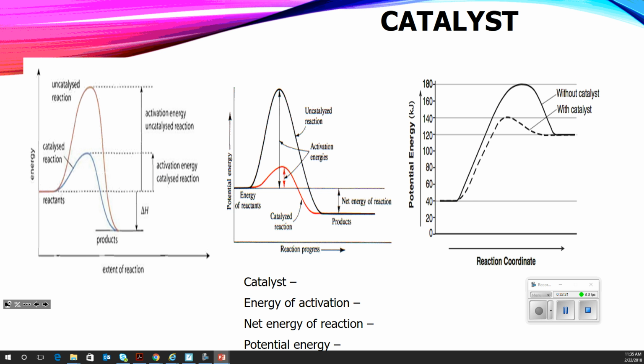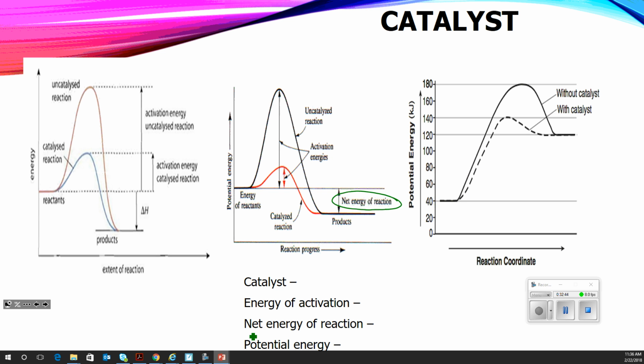So we go back to our favorite graph that we've been using a lot, the activation curve. You need to be able to look at an activation curve and tell me what's happening. Where's the catalyst? The catalyst is always going to have a lower activation energy, not a change in the net energy of the reaction.